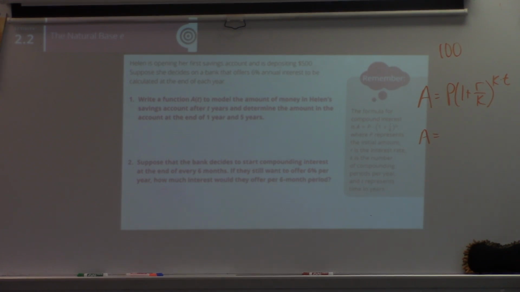So year 2, 5% of 105. Pick up a calculator. How are we going to find that 5% of 105? How do I find 5% of 105 in the calculator? Let me point this out.